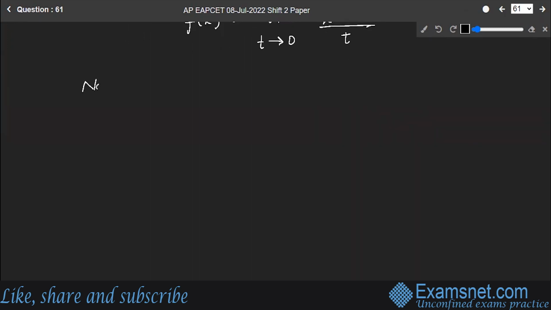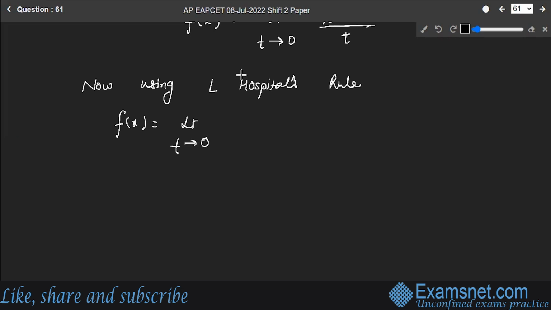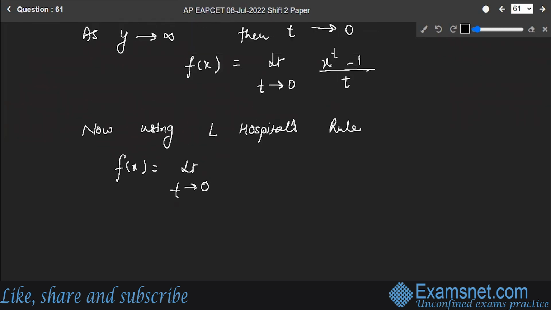So now using L'Hospital's rule, you will have f(x) is equal to limit t approaching 0. Here what we had x raised to power t, so this will be x raised to power t natural log x. 1 is a constant, so the derivative will be 0.